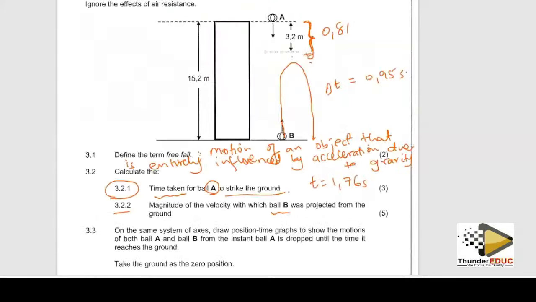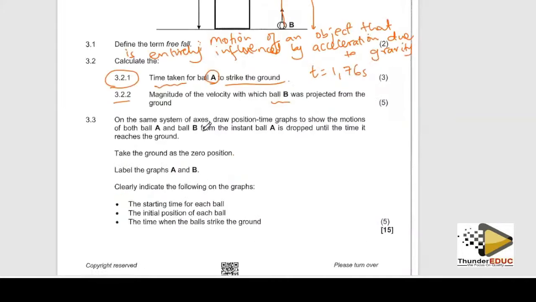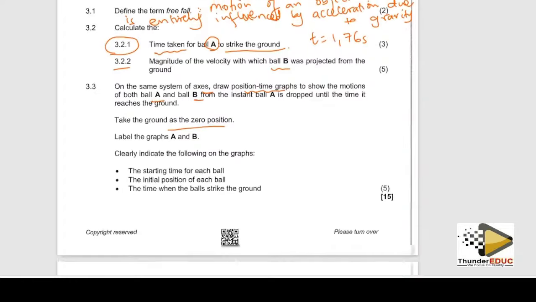All right. Then the next question is telling us that on the same system of axes, can we draw a position-time graph to show the motions of ball A as well as ball B, from the time it was dropped until it reaches the ground? We're taking the ground to be the 0 position.